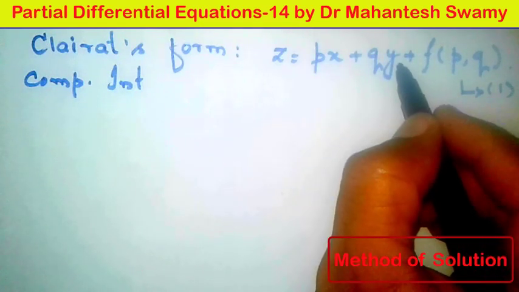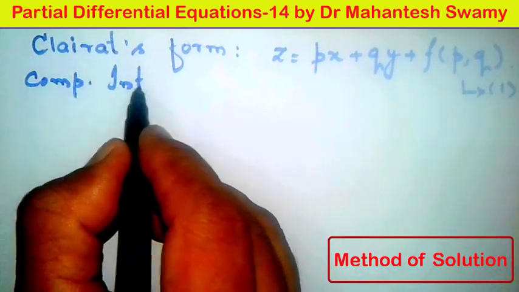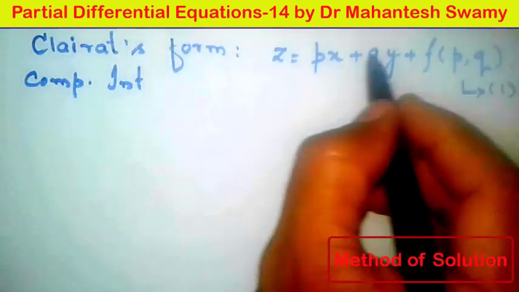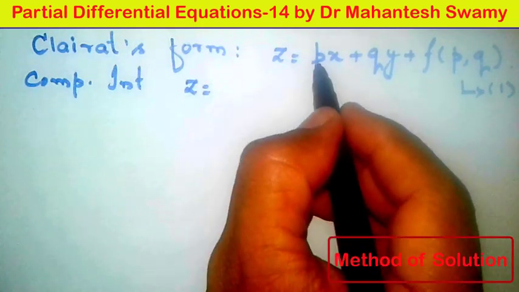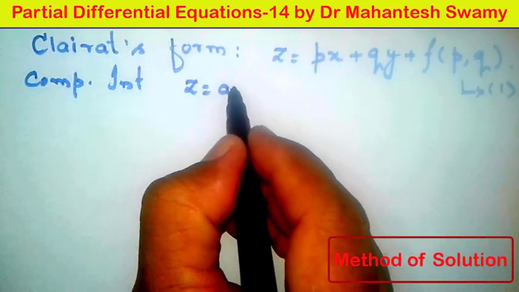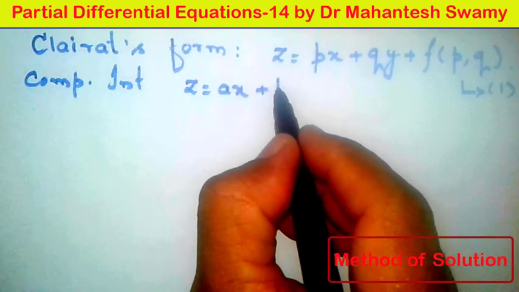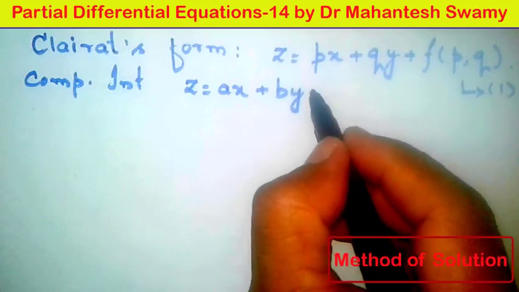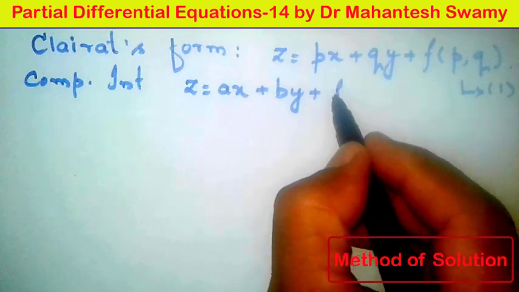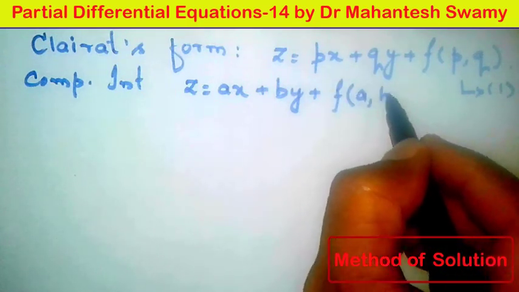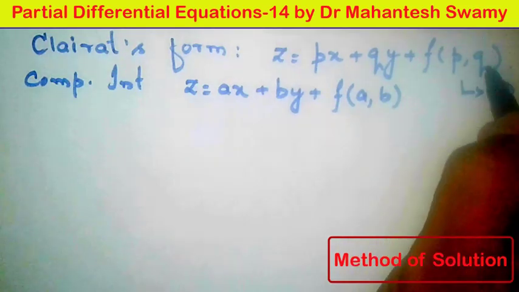The solution which has two arbitrary constants is called the complete integral, and the complete integral of this Clairaut's differential equation will be of the form z equal to ax, that is p replaced by a, plus b into y, that is q replaced by b, plus whatever relation is there between p and q, the same relation taken between a and b, with a in place of p and b in place of q.